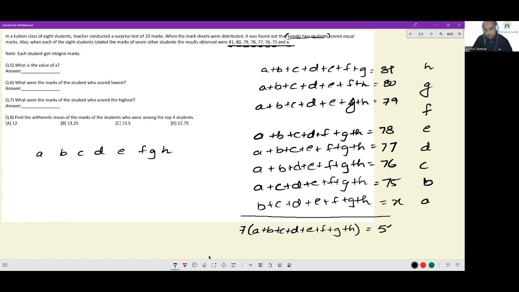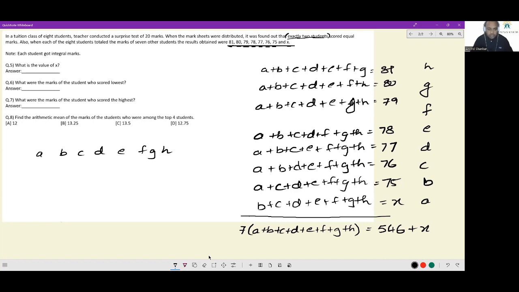RHS is 546 plus X. This is a decreasing AP with a common difference of -1, so 78 is the middle term. 78 into 7: 70 into 7 is 490, 8 into 7 is 56. So 490 plus 56 gets me to 546 plus X. We've got our summation here.